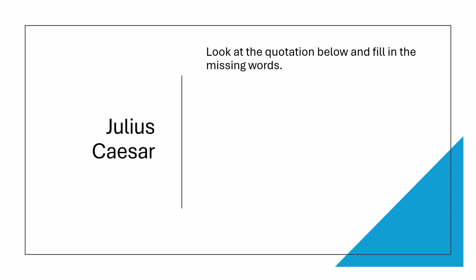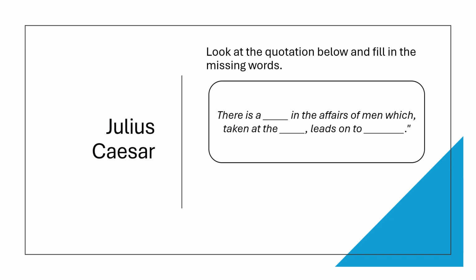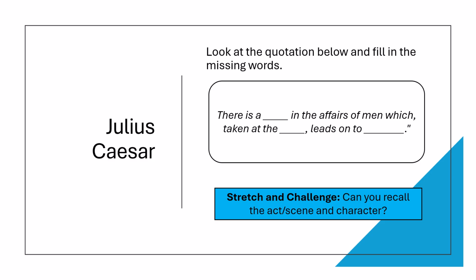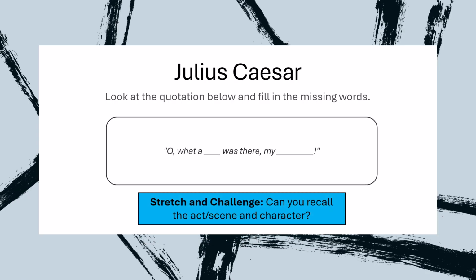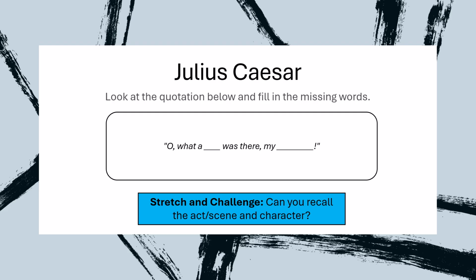For number 2, we have, there is a blank in the affairs of men, which taken at the blank, leads on to blank. For number 3, we have, oh, what a blank was there, my blank.